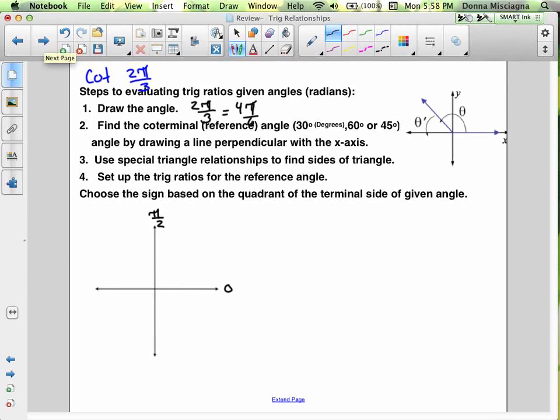Right? And 6 is a denominator that works with 3 and it works with 2. So pi halves here is the same as 3 pi 6. So notice, not big enough. It's not in the first quadrant, right? Because it's 4 pi 6. Here we have pi, which is the same as 6 pi 6.